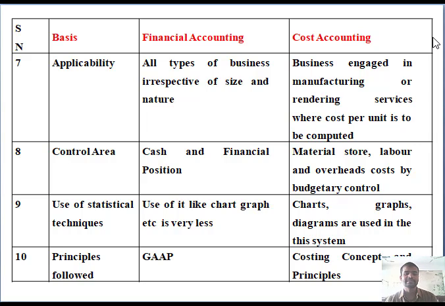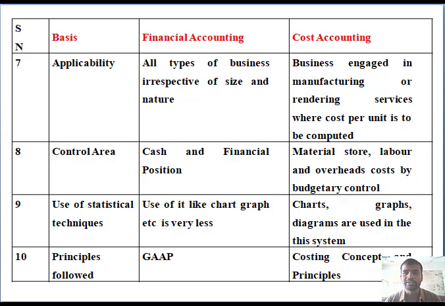The last point is principles followed. Financial accounting follows generally accepted accounting principles. But in case of cost accounting, cost concepts and principles are to be followed. So this is the difference between financial accounting and cost accounting.